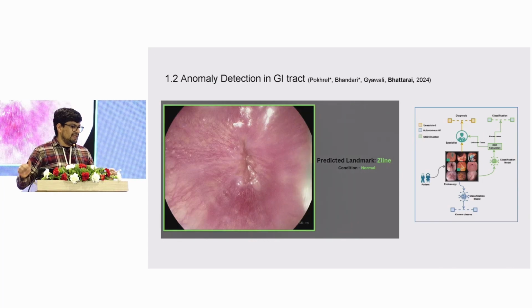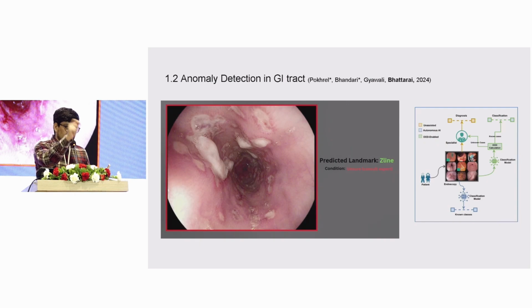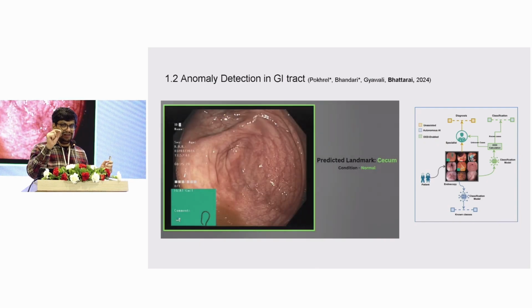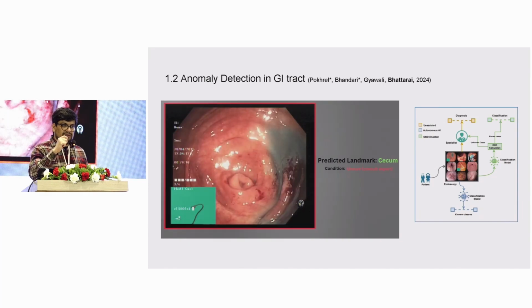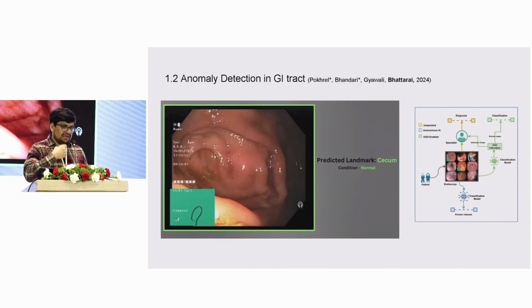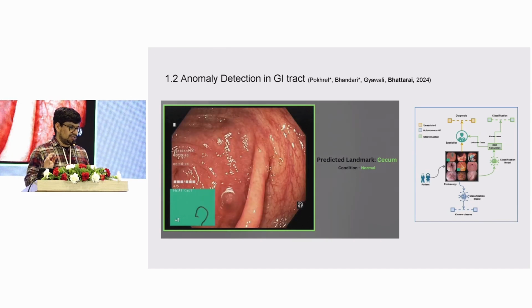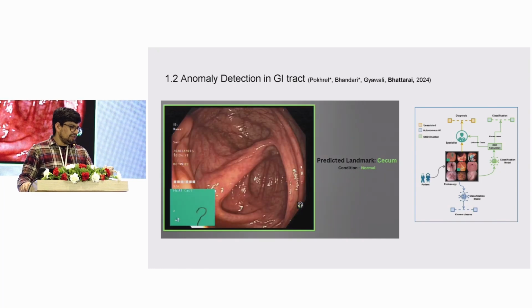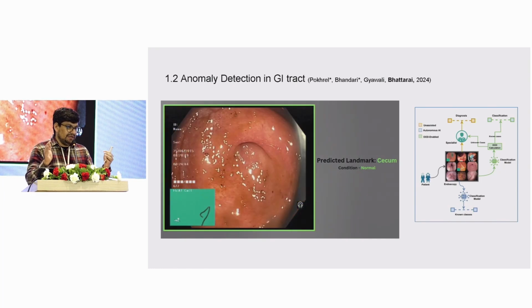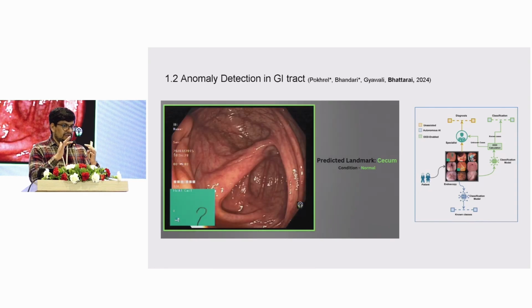This model was trained to recognize typical landmarks on GI tracts, for example, the cecum or Z-line and such things. If it identifies any kind of anomaly on such landmarks, then it flags that, or it doesn't make any decision.